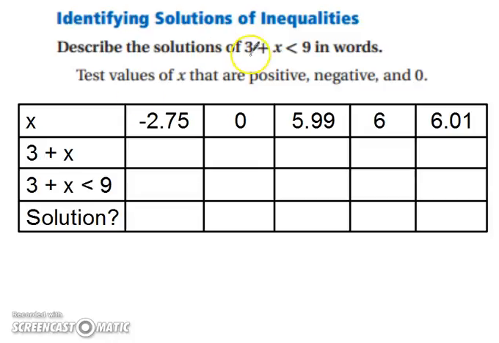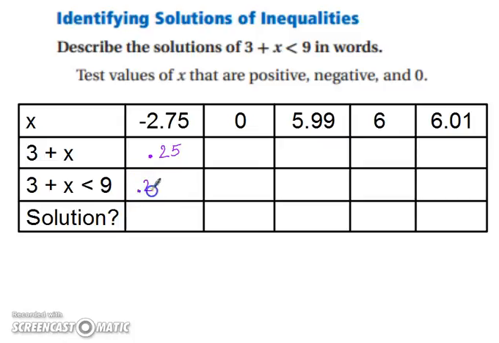Well, we have 3 plus x needs to be smaller than 9. So let's just try some random numbers. Okay, we have negative 2.75. Well, 3 plus negative 2.75 is going to leave you with 0.25.